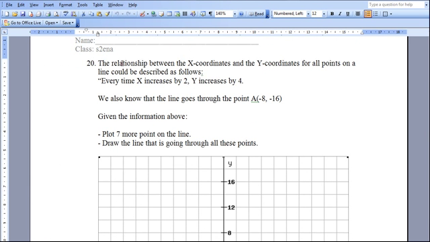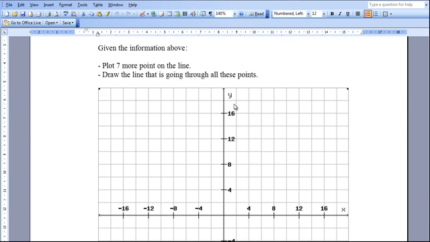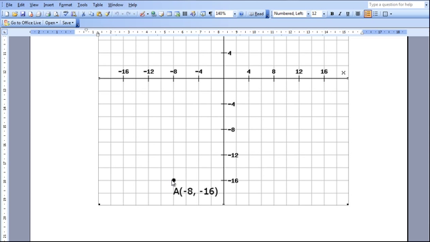The relationship between the x coordinates and the y coordinates for all points on the line could be described as follows. Every time x increases by 2, y increases by 4. We also know that the line goes through the point A, minus 8, minus 16, which is this point. And then we have to create the line. It has to go through this point.